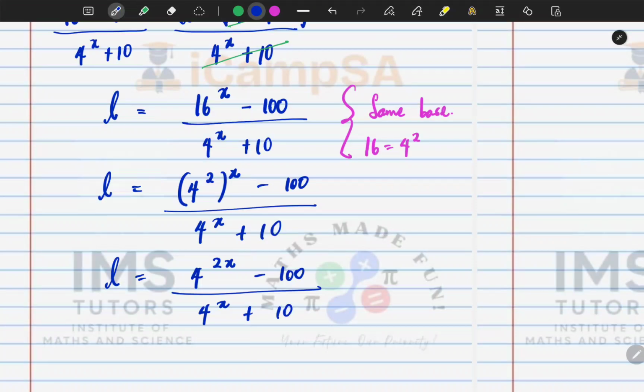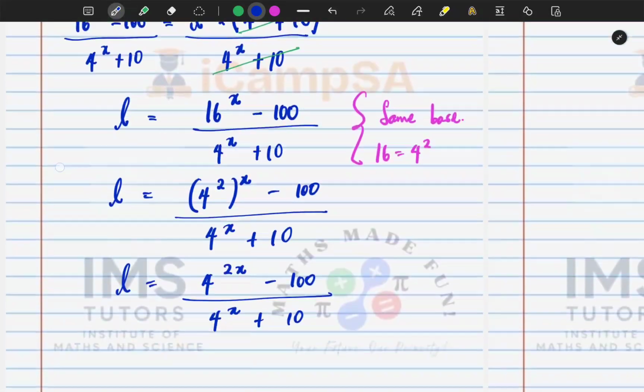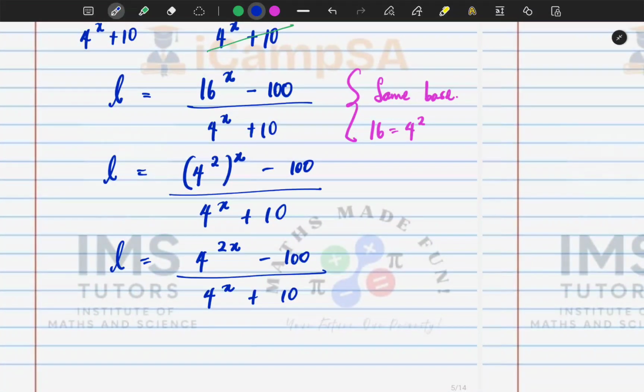From here, we need to write this in terms of x. That's what the question said. I can already see that this can be written as a difference of two squares.